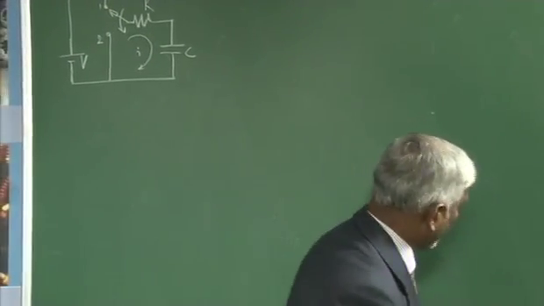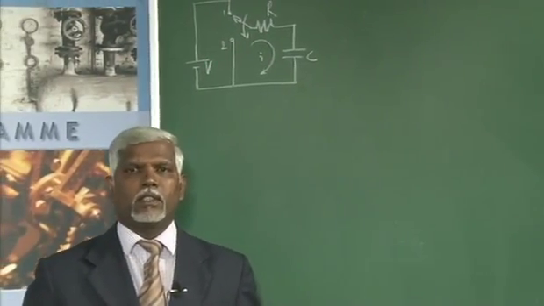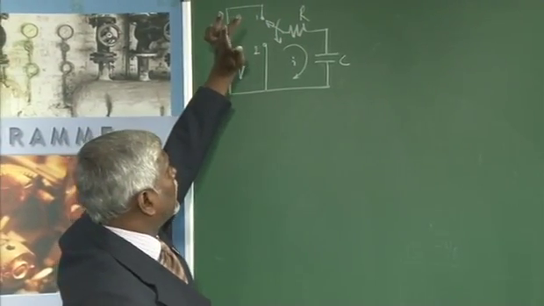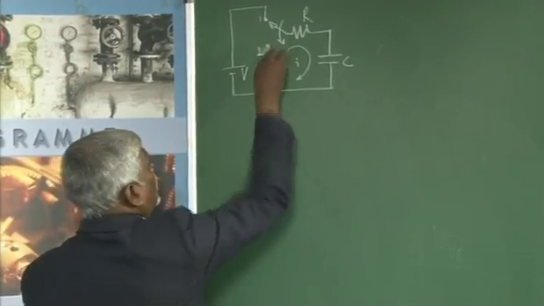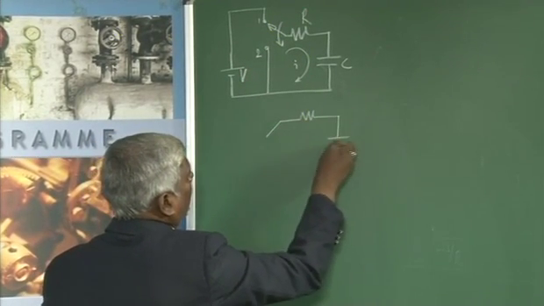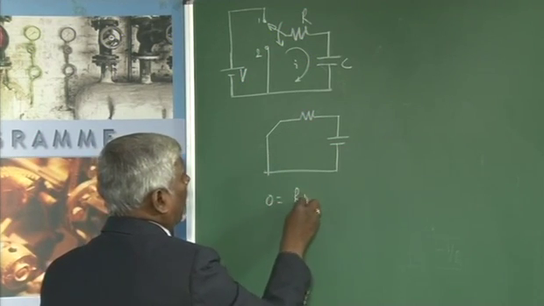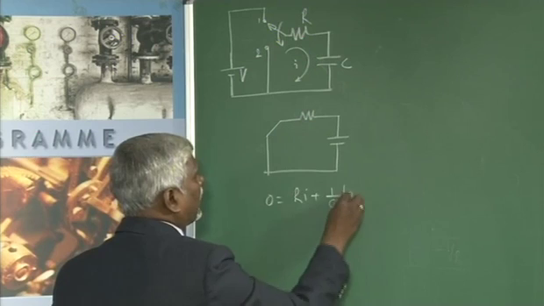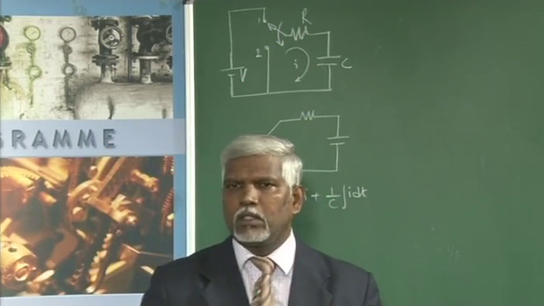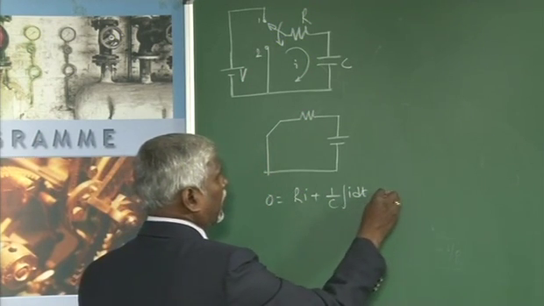So, for the second type of RC, this helps us in analyzing any type of circuit. We have taken RL and two types of RC. After the switch is closed to 2, if I want to write an expression for voltage, 0 equals R into I plus 1 by C integral I dt, a simple integro-differential equation.